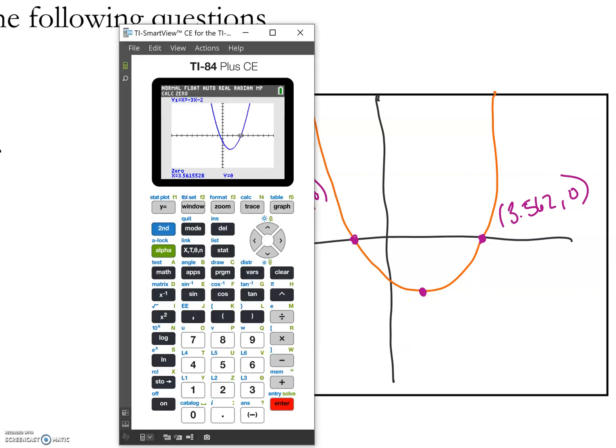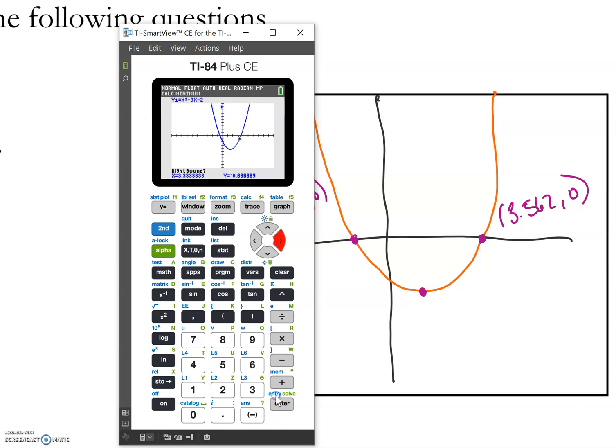So I'll go back to my graphing calculator. I'll hit second and then trace. Another word for that vertex is a relative minimum. So we're going to go to number 3 that says minimum. I'll go to the point in question. So I'm pretty much at the vertex there. And now I want to go a little to the left of that vertex. I'll hit enter. Again, I see the question right bound. I want to go a little to the right of that vertex.